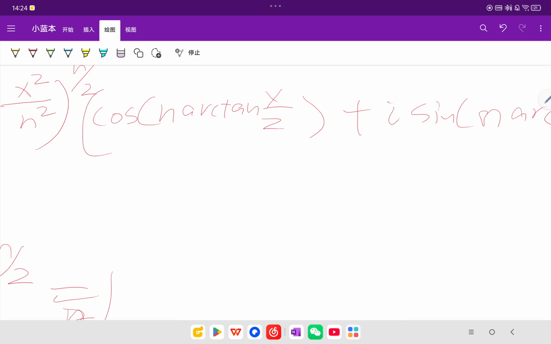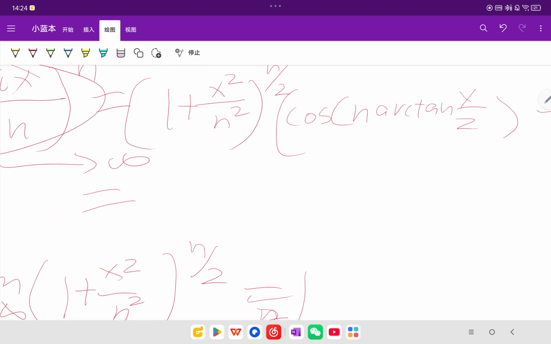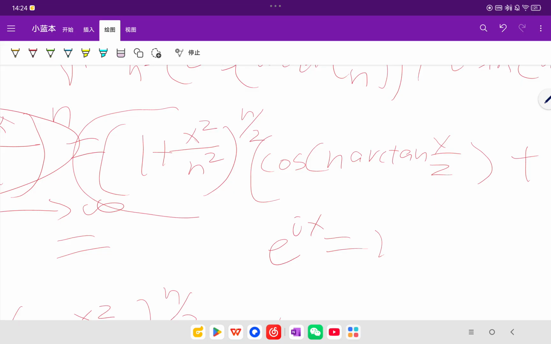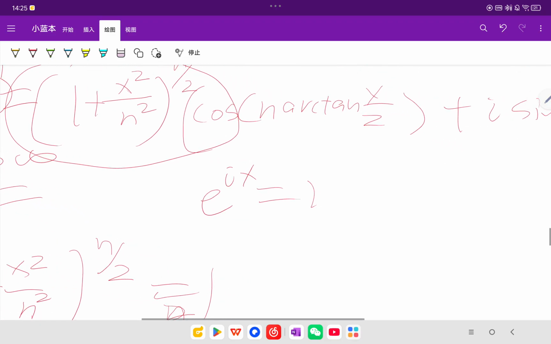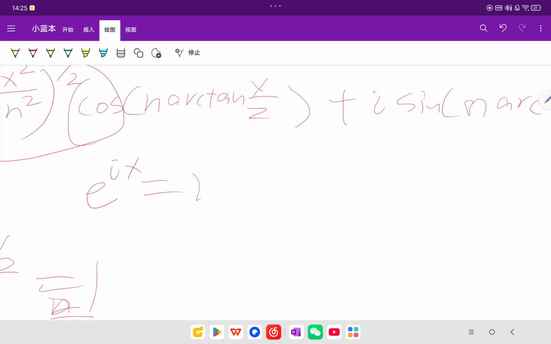So we now have e to the ix, which is the left side, equals 1. Since we just resulted in this limit expression, when n tends to infinity, equals 1, and the thing inside the cosine function and sine function results in x.